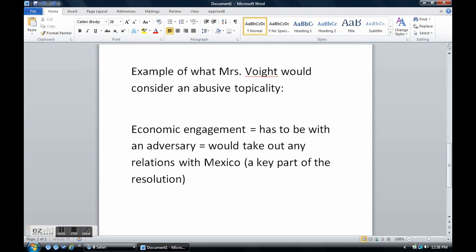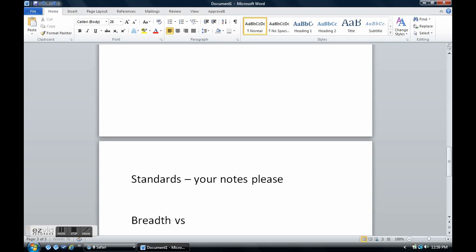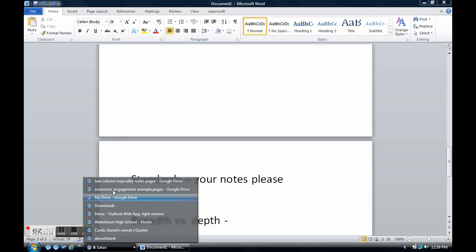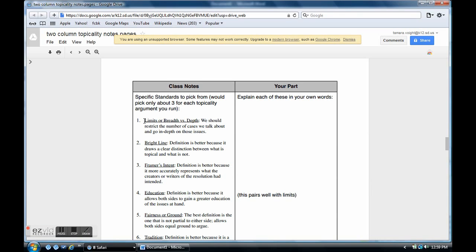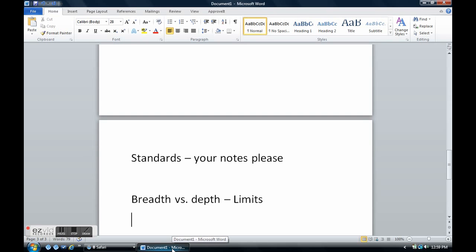The first standard we'll look at today is breadth versus depth, and please take notes on the side to help remember what these mean. But breadth versus depth basically means that a definition that limits the debate is better than one that expands the debate, because if we have fewer cases, a more narrow interpretation of the resolution, we have fewer cases to argue, which means we can talk more in depth about each one instead of talking about a lot of cases but not knowing very much about any of them.